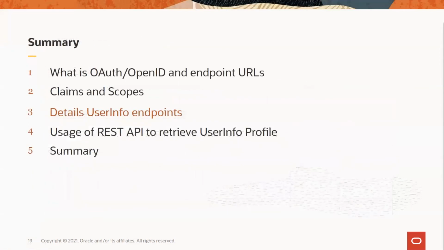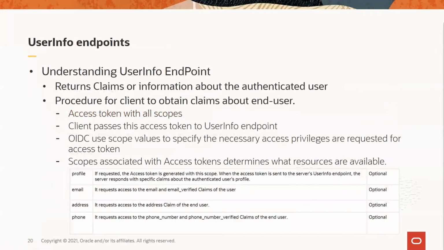Moving further, we'll see some details about the user info endpoint as part of the ID token. Let's understand what this user info endpoint is and its purpose. It is to obtain the claims for a user when the client makes a request to the user info endpoint using an access token, like we see in the typical three-legged flow or two-legged flow, and the credential which must be obtained through the OpenID Connect authentication.